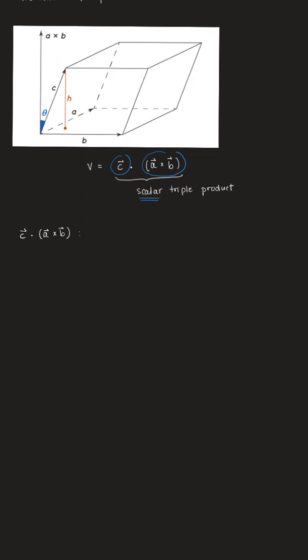So let's suppose that A is the vector with components A1, A2, A3. B is the vector with components B1, B2, B3. And C is the vector with components C1, C2, C3.